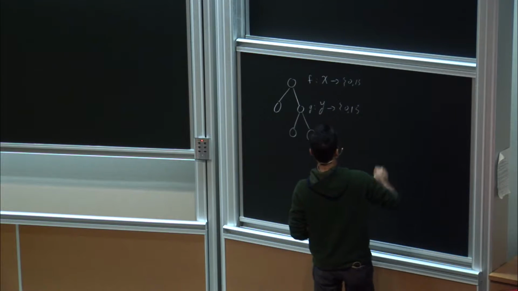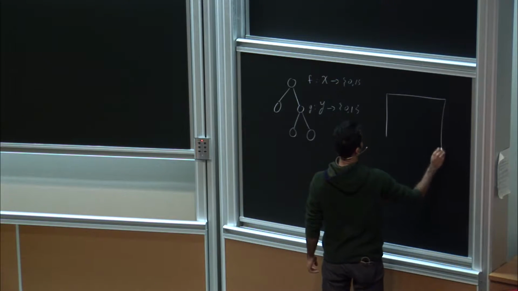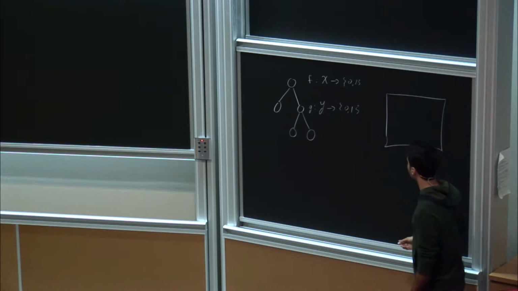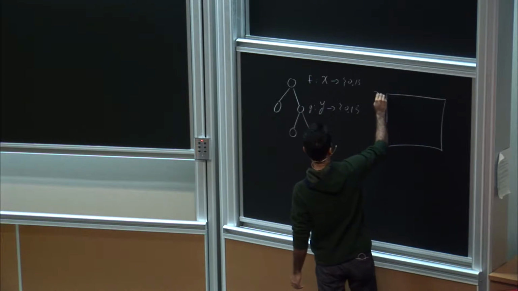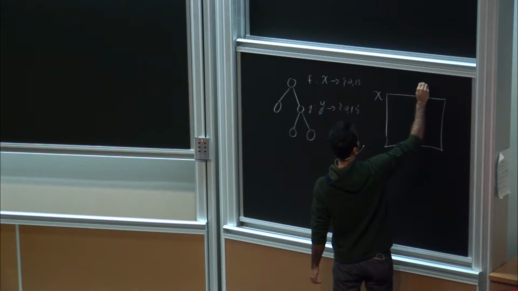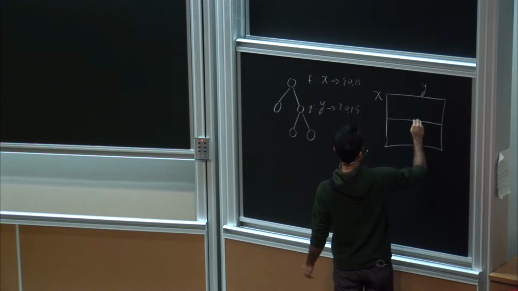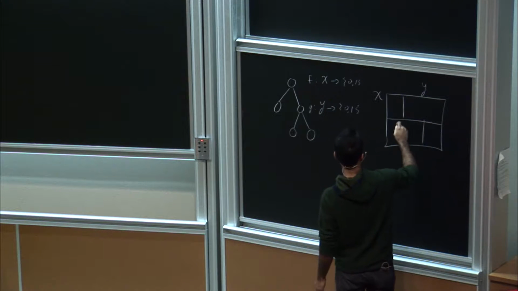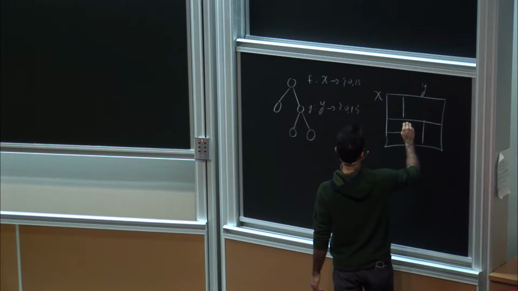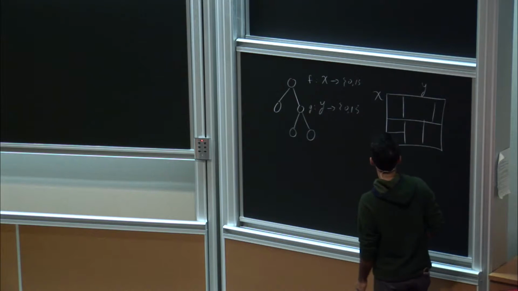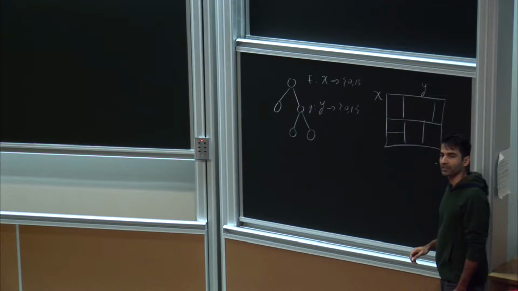And we talked about how this protocol corresponds to partitioning the space of inputs into monochromatic rectangles. If you look at what this protocol is doing, it's basically cutting up this picture into rectangles until you end up with a partition into monochromatic rectangles.